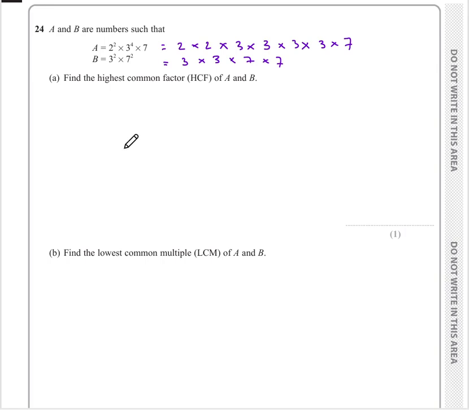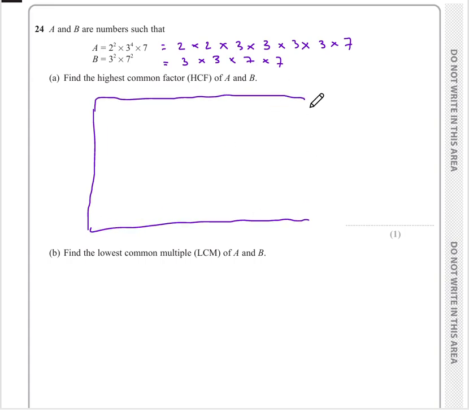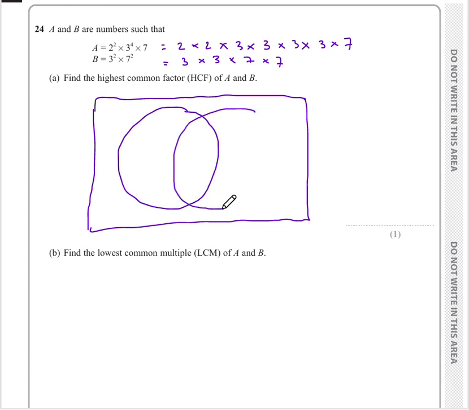We've got to find the highest common factor of A and B. The Venn diagram method is a good way of organising this one. Two circles. What we want to do is think about what's common to both A and B. So we've got 3, and another 3, and a 7.